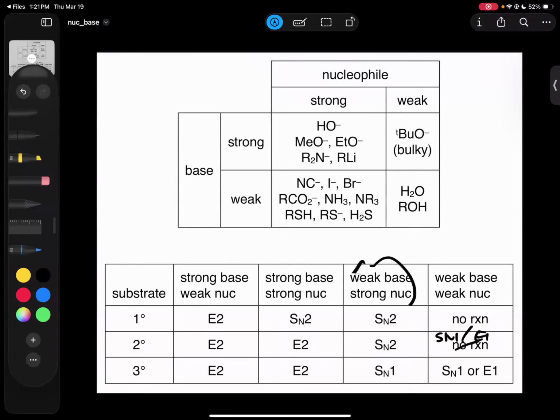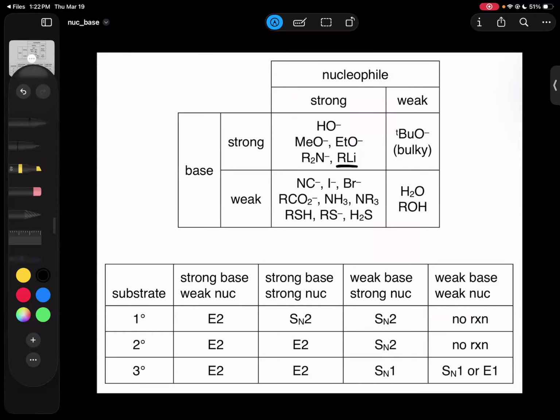On the strong base, strong nucleophile section, there is RLi. We haven't talked about organolithium reagents very much. RLi is just carbon bonded to lithium.